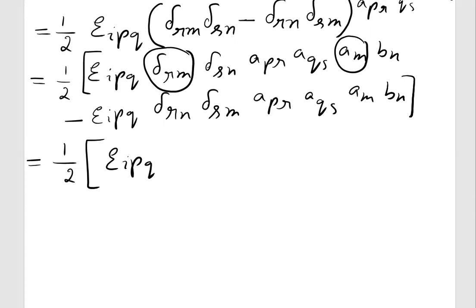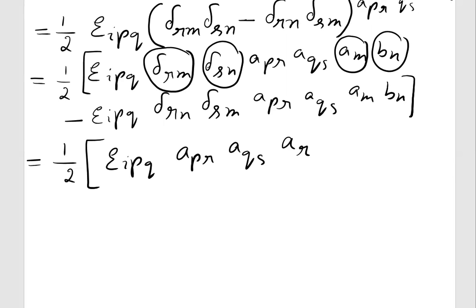So let me write A_P R as it is, A_Q S also as it is. Now this delta will act on A_M, no? So in the place of M, R will come. Then this delta SN will act on B_N. So when it acts on B_N, in the place of N, S will come.